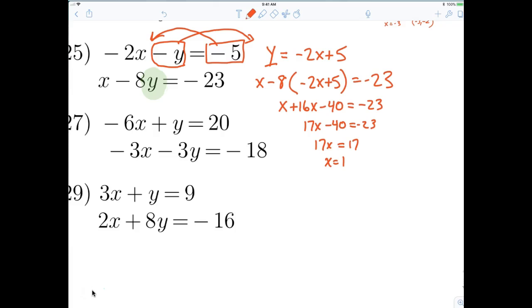So we good with that? Now I'm going back up here and I plug 1 in. So now y equals negative 2 times 1 plus 5. y equals 3. So now my answer is 1, 3.